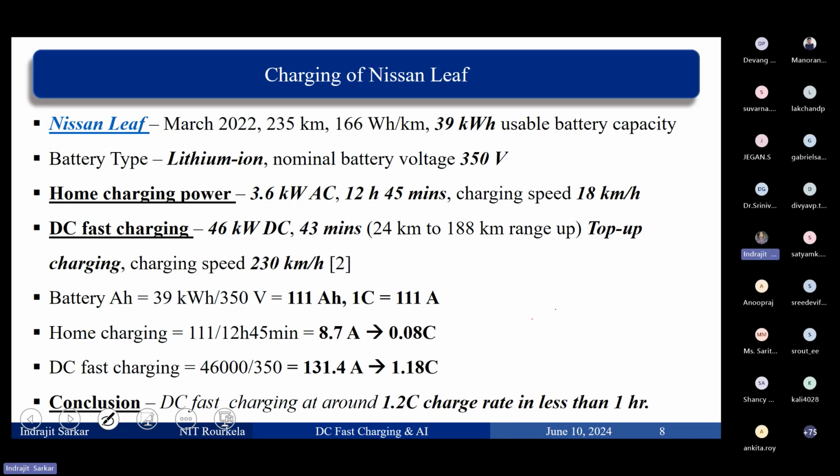So usable battery capacity is 39 kilowatt hour, and the battery type is lithium ion. Nominal battery voltage is 350 volt. Okay, so can anybody tell me why it is 350 volt, why the voltage level is on the higher side and not on the lower side?